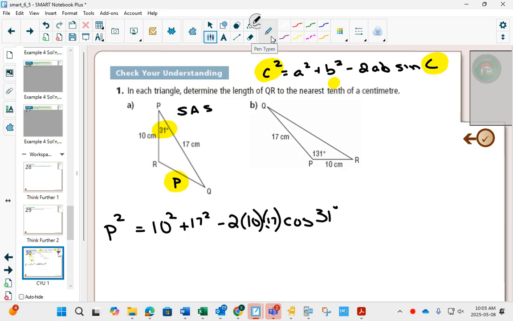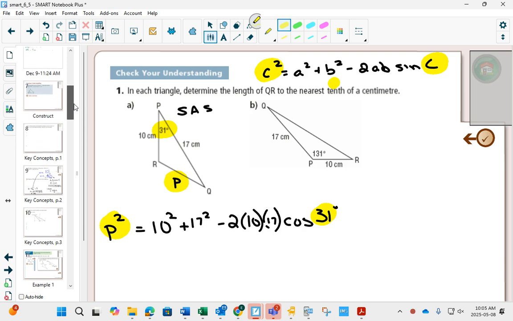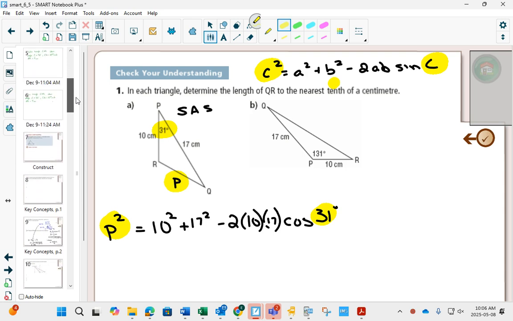The key thing is that when we're dealing with this 31, if that's the angle we're putting in over here, we have this equation. Also, maybe we should write this in your box that has the cosine law. Go back to that. Your formula sheet is really nice to you.